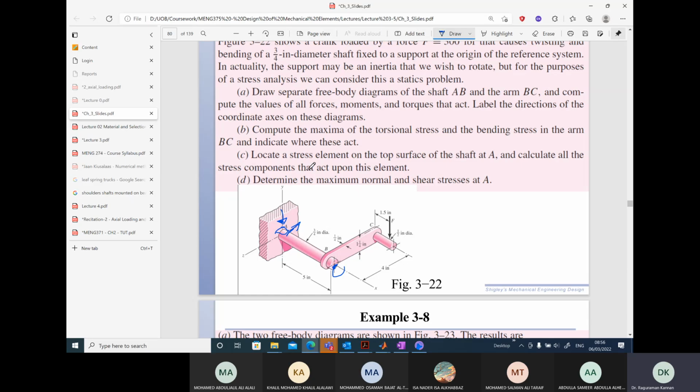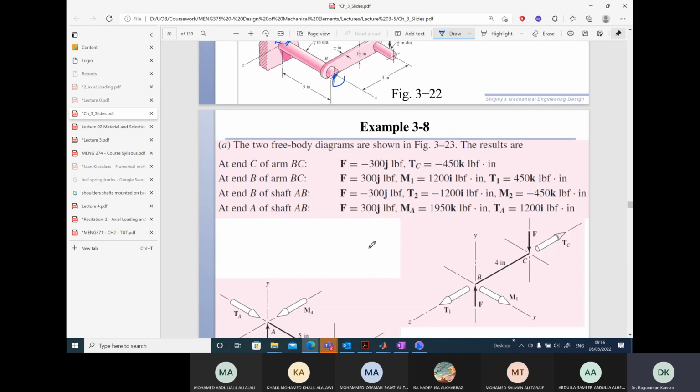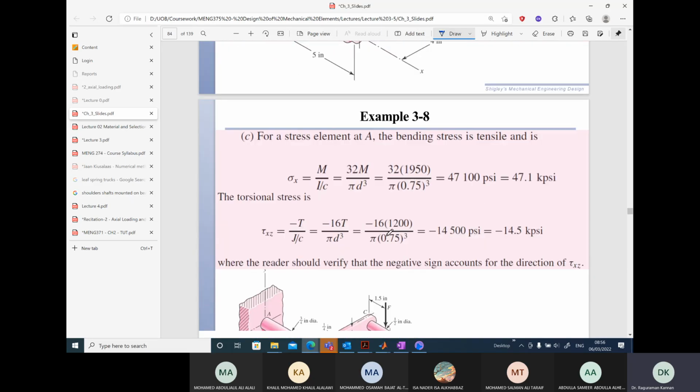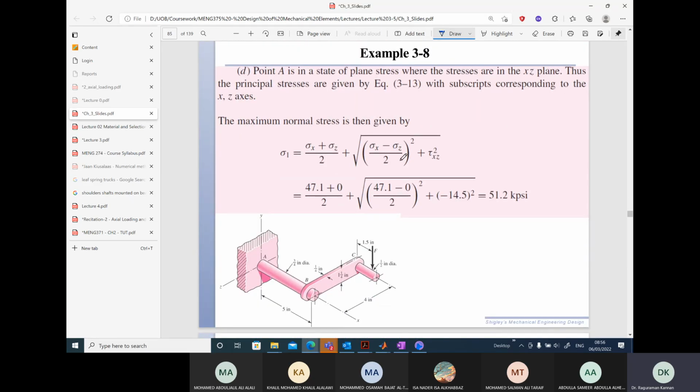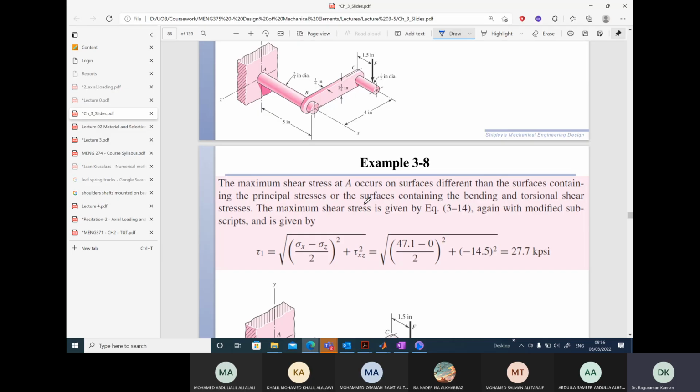And finally, determine the maximum normal and shear stresses at point A. That will involve Mohr's circle, maximum normal stress. So just use the formula. We have calculated all the values. Just use this formula and evaluate the principal stresses. That will be your maximum normal stress and maximum shear stress.